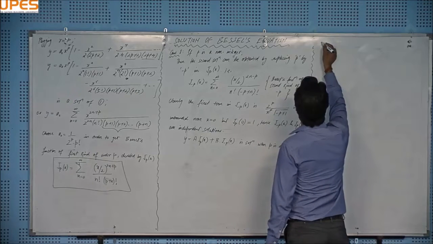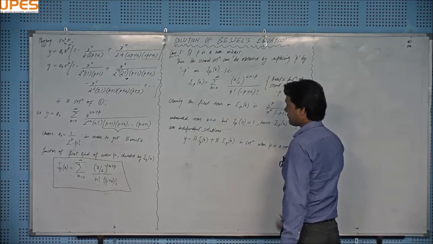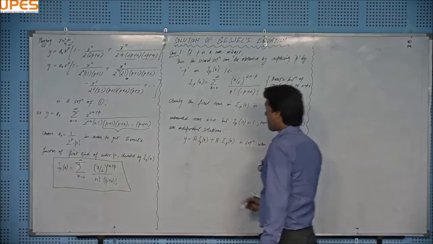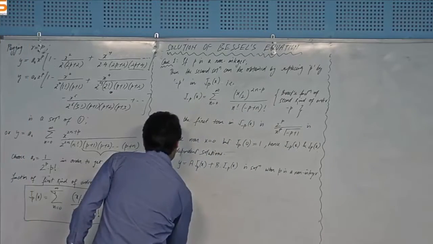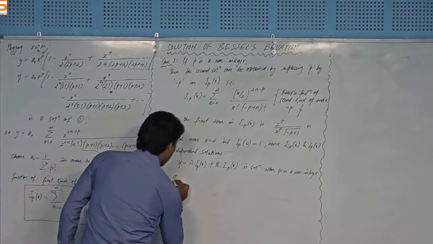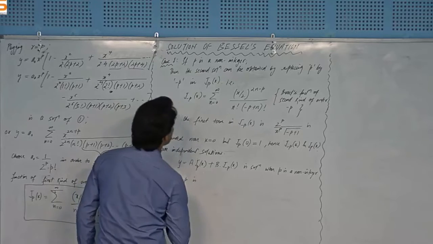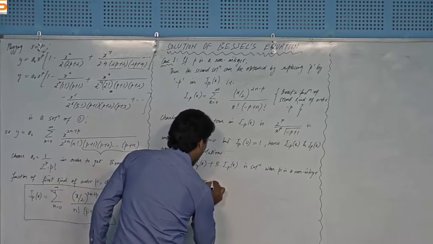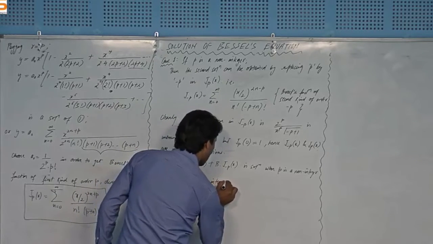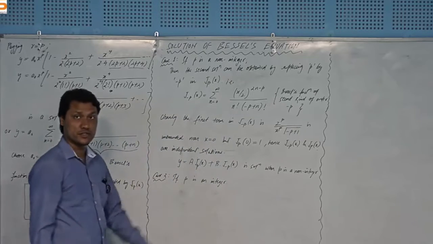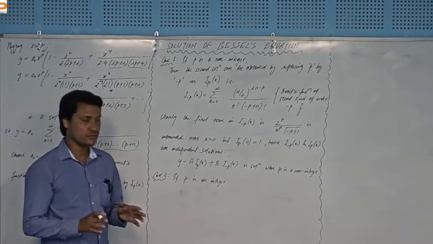So I have to rub this first. Okay, so case 2, I should write it from here, I think. Case 2 is if p is an integer, obviously a positive integer because p is non-negative, right?